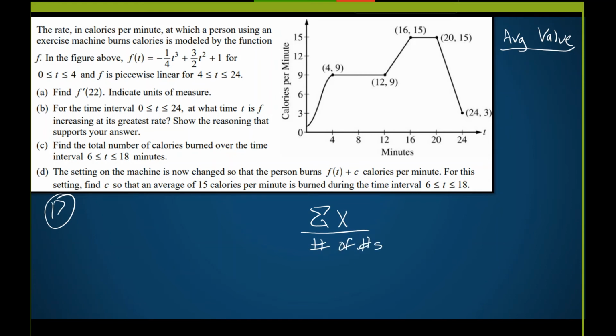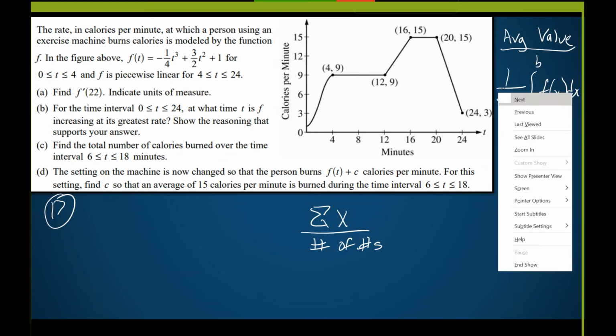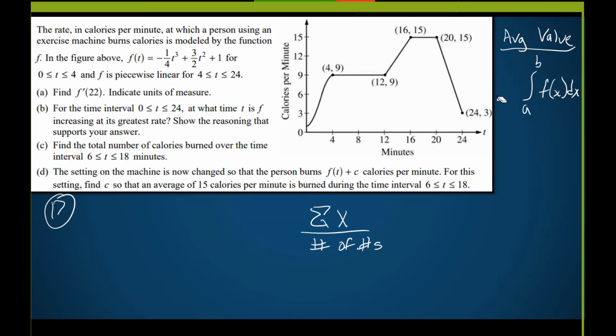When we've got a function, we do almost the same thing. So what I'm going to do is integrate my function from a start point to an end point, from A to B. But then after I integrate, I'm going to divide by the total amount of x values that we've covered. So that's divide by b minus a.